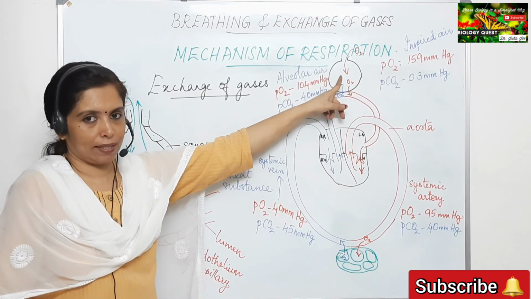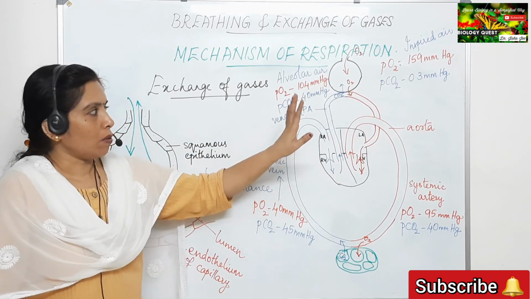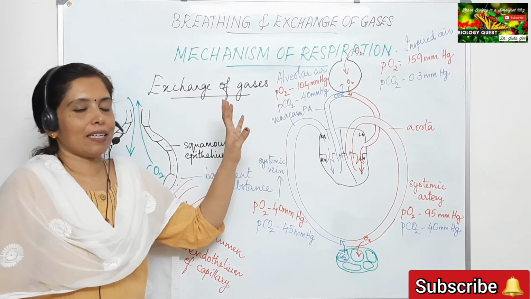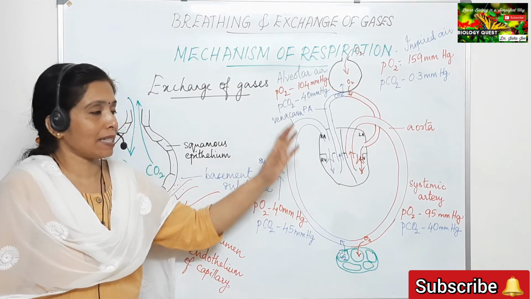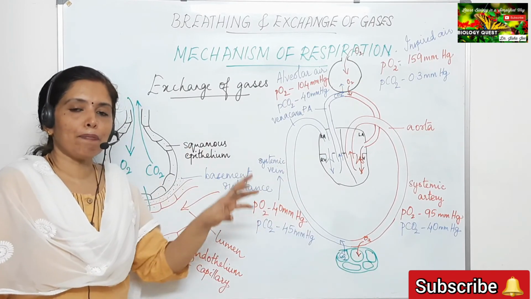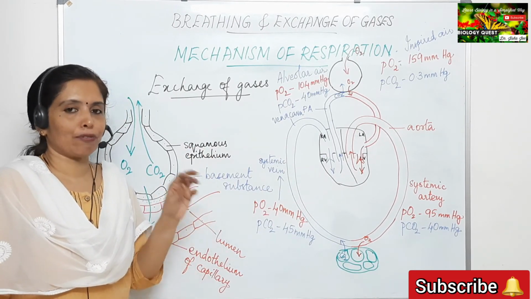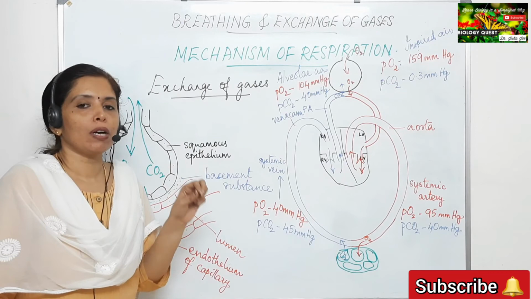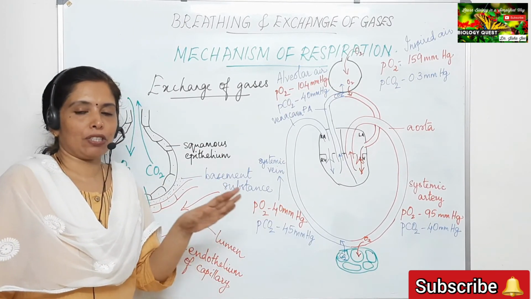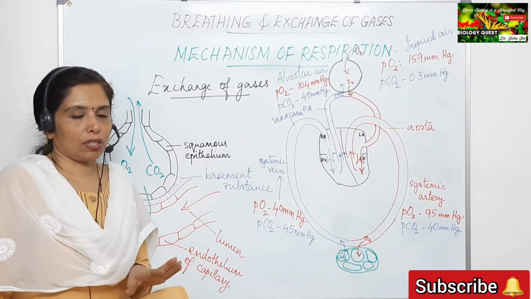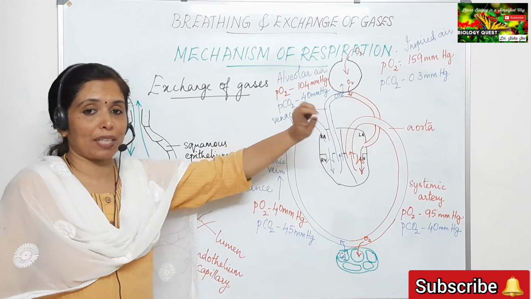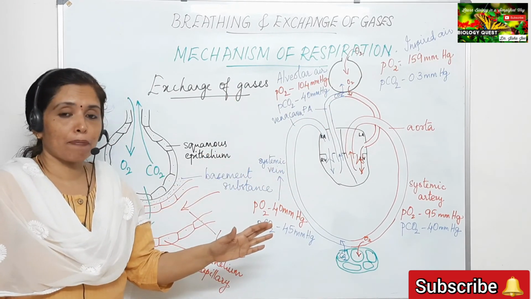into the alveolar air or into the alveolus. Okay, so as I told you, the exchange of gases across the alveolar surface as well as in the tissues follows the simple process of diffusion. Diffusion is simply the movement of molecules from a region of higher concentration to a region of lower concentration. So, here the diffusion depends upon the partial pressures of the two gases. What is partial pressure?